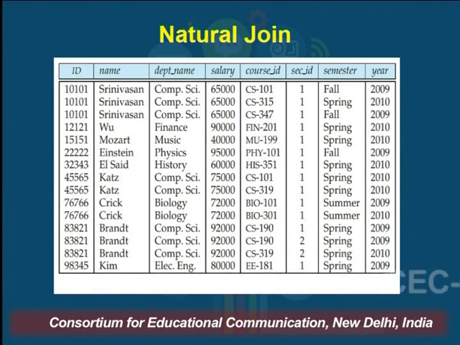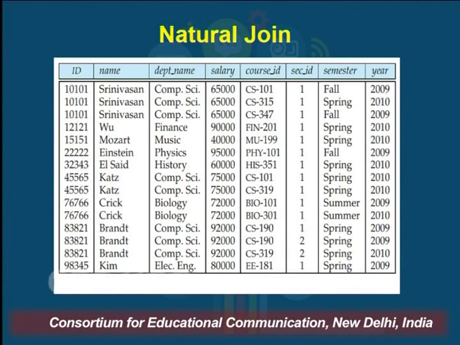That means ID 10101 is available in the instructor, as well as in the teaches. Whatever common ID is available, only those tuples will be combined in case of a natural join, while this does not happen in case of a Cartesian product.